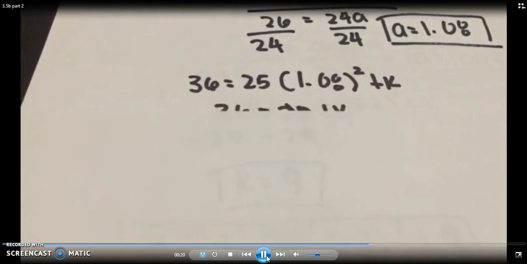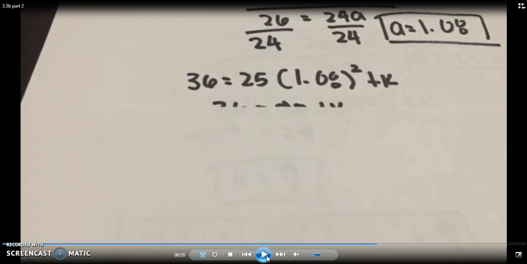Now in order to find the k, I'm going to plug the a into one of the original problems, and I plugged it into 36 equals 25a plus k, which would be 36 equals 25 times 1.08 squared plus k, and 25 times 1.08 squared is equal to 29.